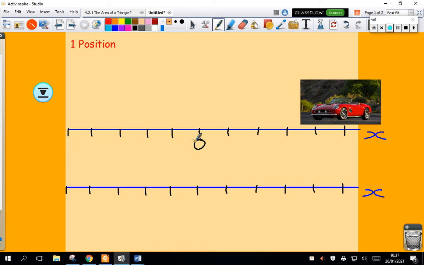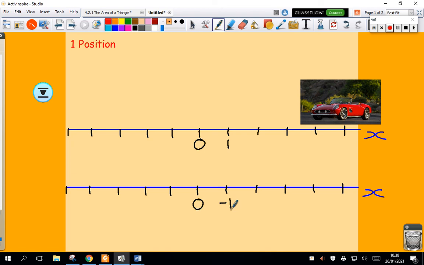So suddenly we start to get a picture of how we can describe the location of something numerically. The other thing I might do is name this point here. I could name it anything really, depending on the distance. But suppose I measured that distance and it was 1 meter. Well, I might call that position 1. But I don't have to call it position 1. I could have called this 0, and I could have called this position negative 1, if it's 1 unit away.